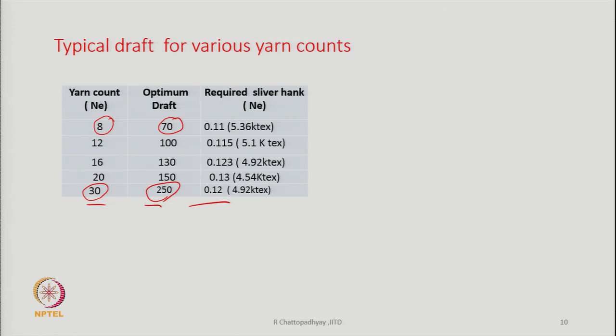And if that is the draft we use, then we can find out what type of sliver we need to manufacture the rotor yarn. So, if somebody asks how much draft is normally used, we can say the range is between 70 to 250.